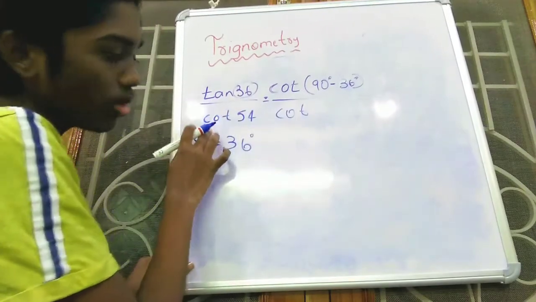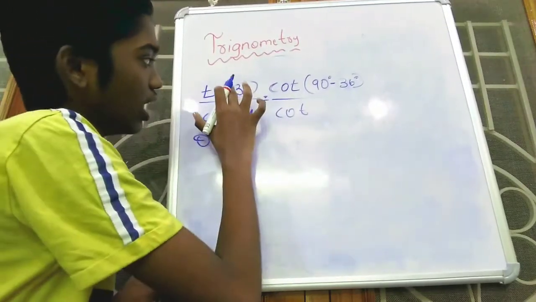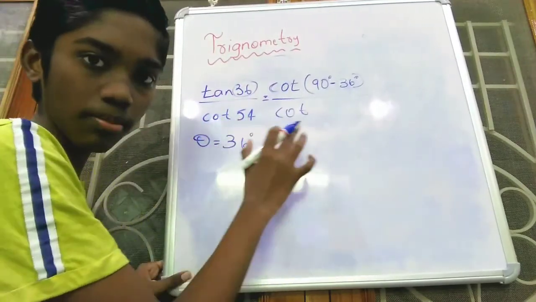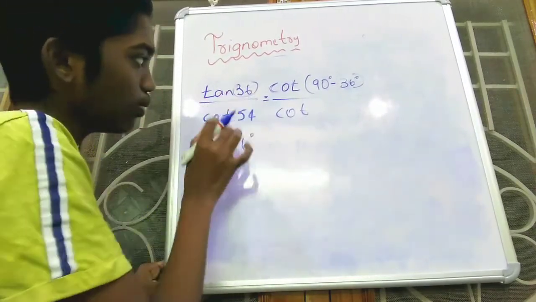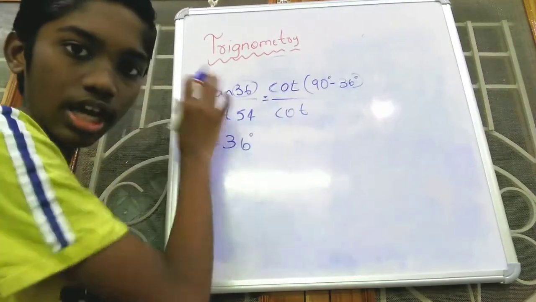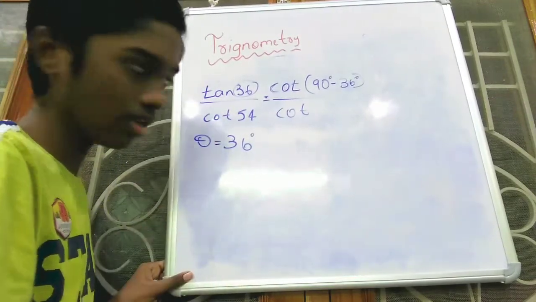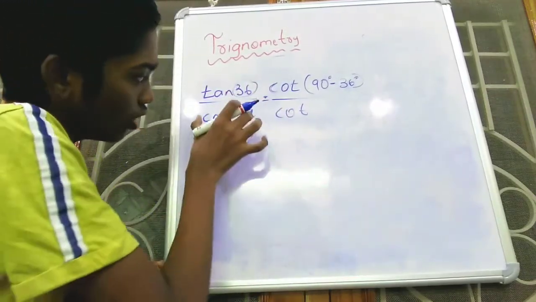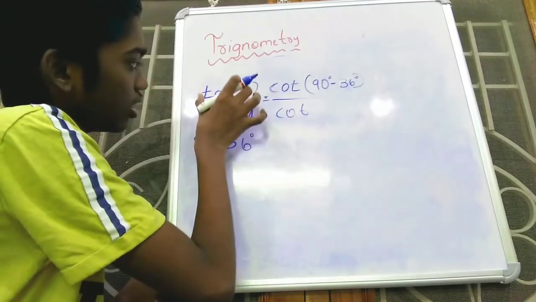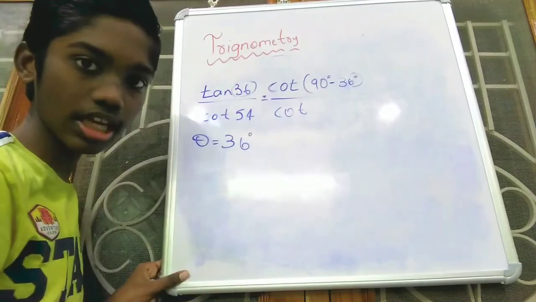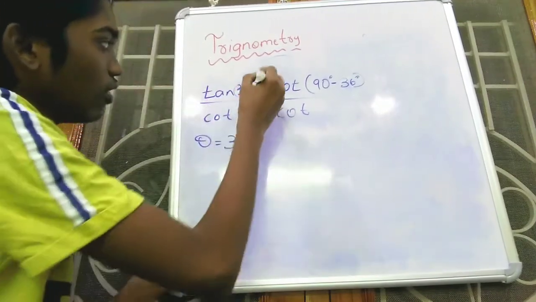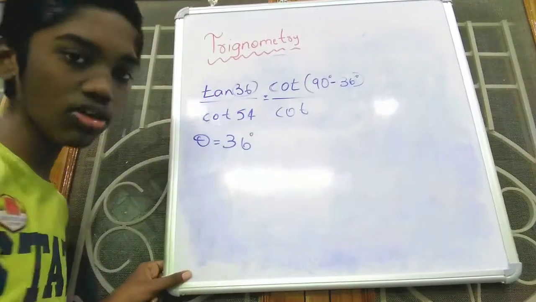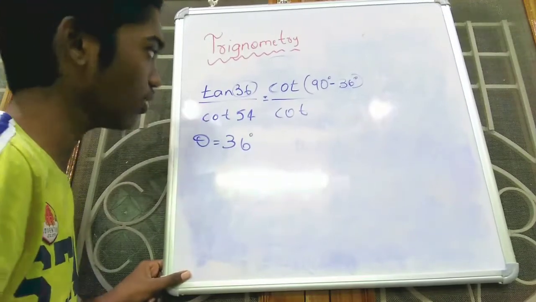So in this both numerator and denominator, we have to change one ratio into complementary angle. Only one ratio we have to change into complementary angle. If we change both, then again cot by tan, again we will get the question but not the answer. So any one you have to change. You can either change cot 54 or change tan 36. Any one you must change, then only you will get the answer. If you change both, then we will get again tan 36 by cot 54, which is the question given.